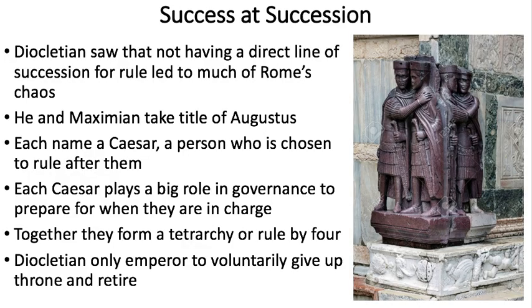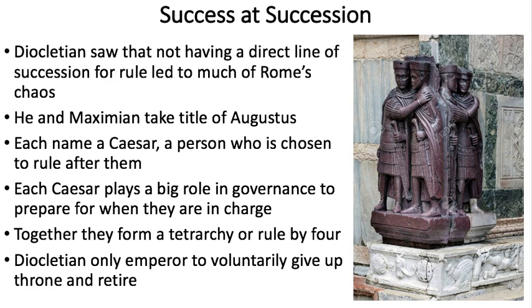So another big part of the rule of Diocletian is that he saw one of the reasons why Rome always descended into chaos is there wasn't a direct line of succession of who was going to rule Rome when one emperor died or, in his case, retired. So he set up an organization in which him and Maximian would be called the Augustus, naming themselves after the first emperor Augustus.